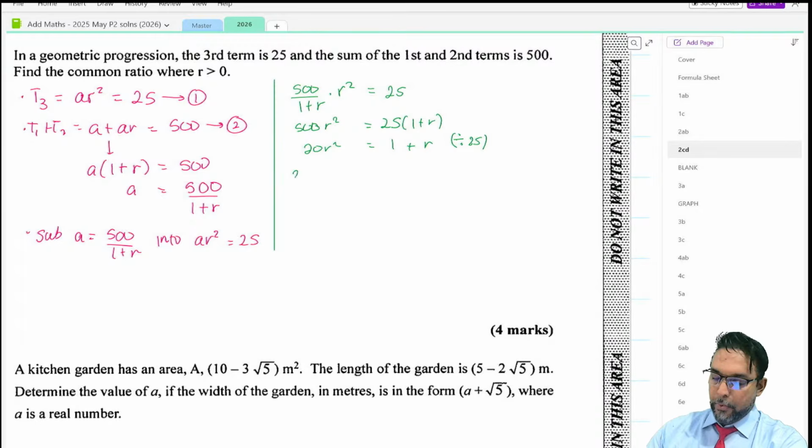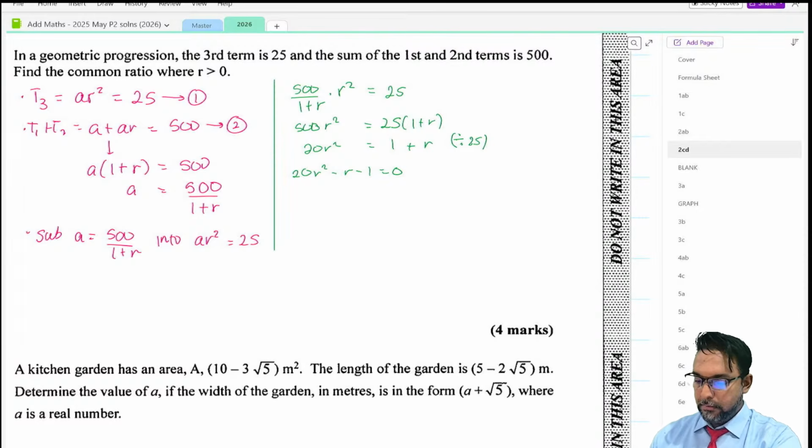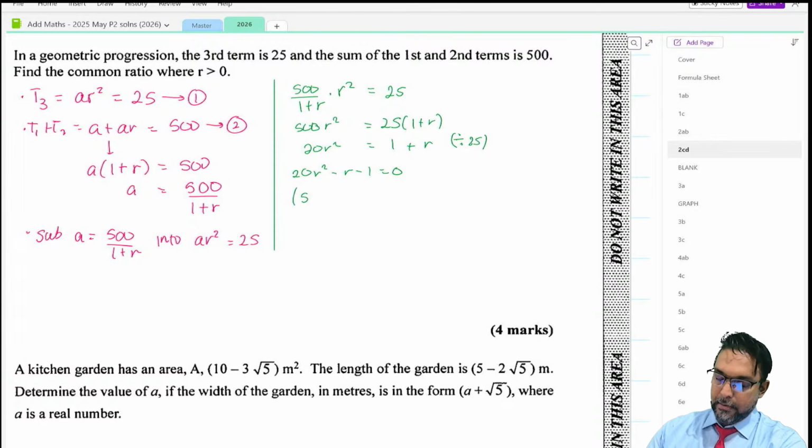Now when we bring r and 1 to the other side, this is a quadratic. So we get 5r plus 1 by 4r minus 1 equal to 0.